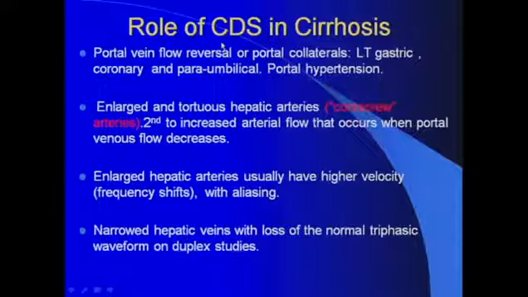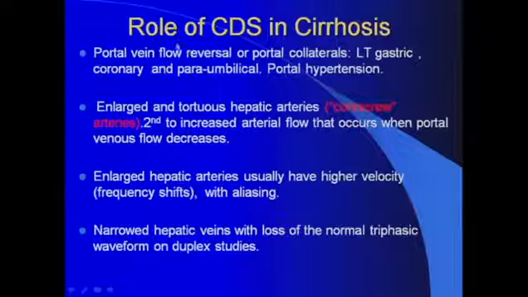You need to look at everything. You need to look at the portal vein, you need to look at the hepatic arteries, you need to look at the presence of venous collaterals in the abdomen, and it's very important to be very meticulous in the evaluation of these vascular structures.